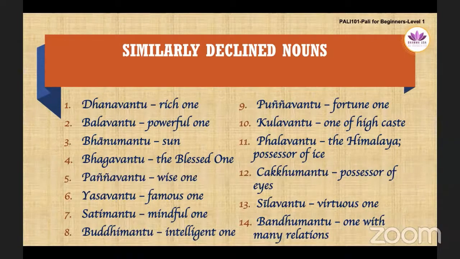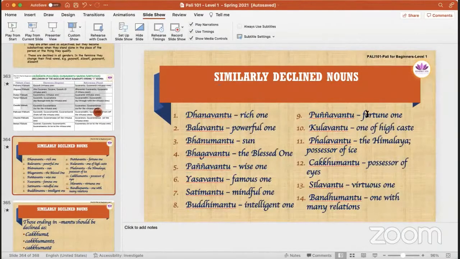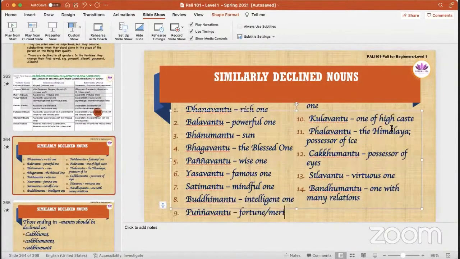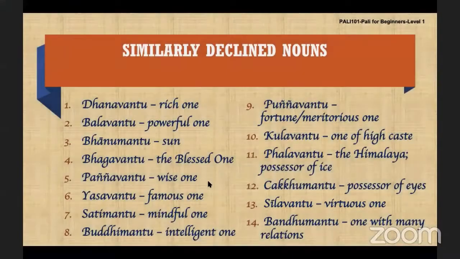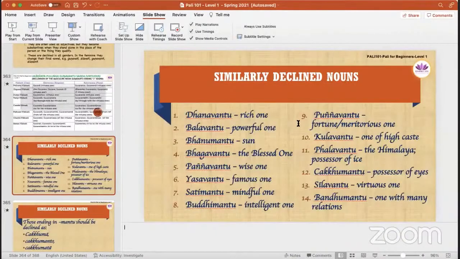Punya means merit. So we can say meritorious one or fortunate one. Punyavantu, a person with fortune or merit.